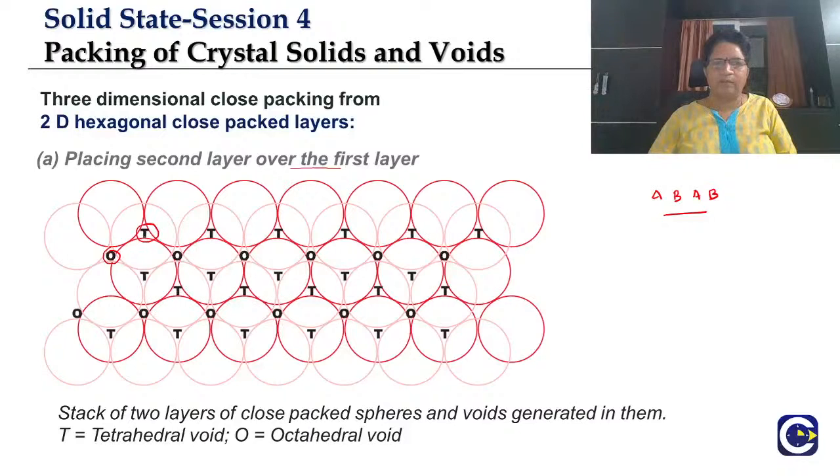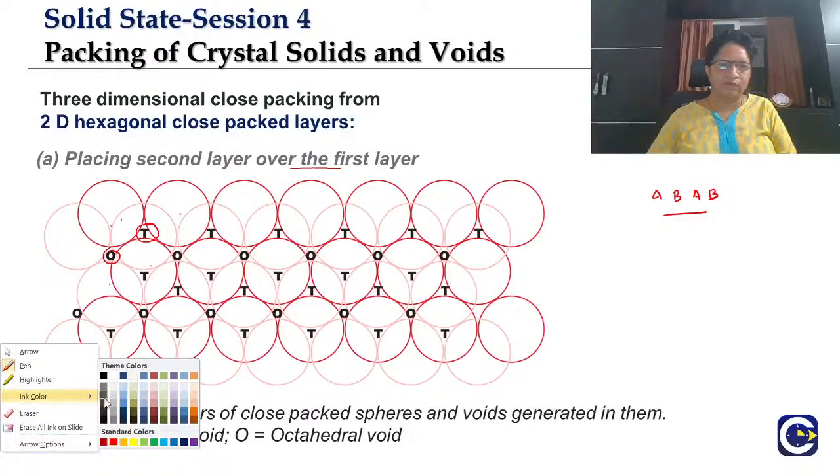Tetrahedral void, how do we say? When the space is surrounded by 4 lattice points, we get what is called a tetrahedral void. If the space is surrounded by 6 lattice points, it is an octahedral void. I'll just take a different color so that I can show you that.